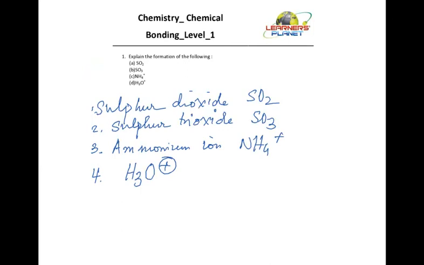Going back to the question, we have discussed these two, sulfur dioxide and sulfur trioxide. Now we shall discuss the formation of the ammonium ion and the hydroxonium ion. So this is the ammonium ion and this is the hydroxonium ion.